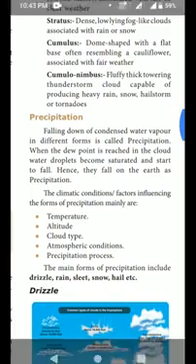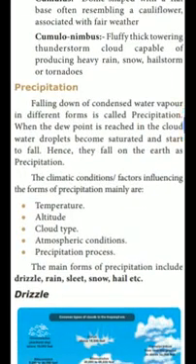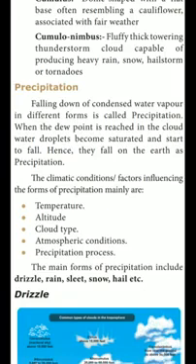The climatic conditions or factors influencing the forms of precipitation mainly are temperature, altitude, cloud type, atmospheric conditions, precipitation process. So what are the factors that influence the forms of precipitation? There is one question also.